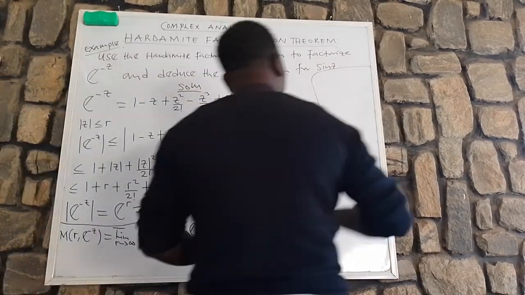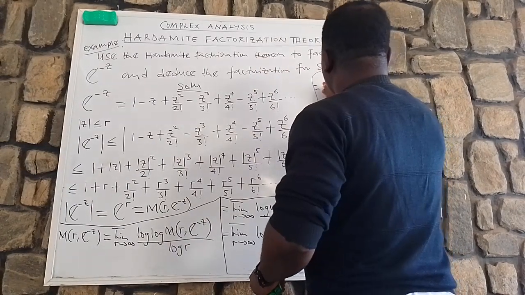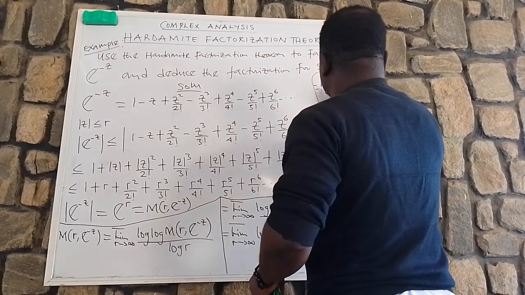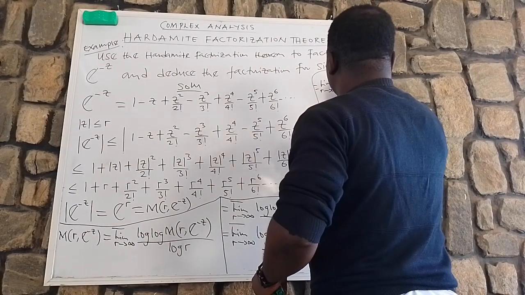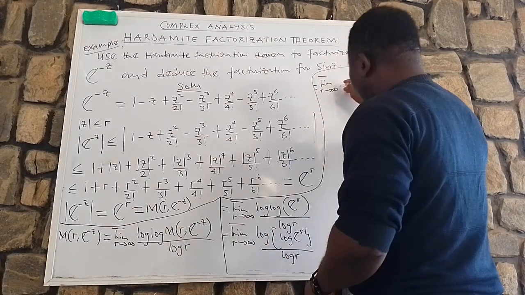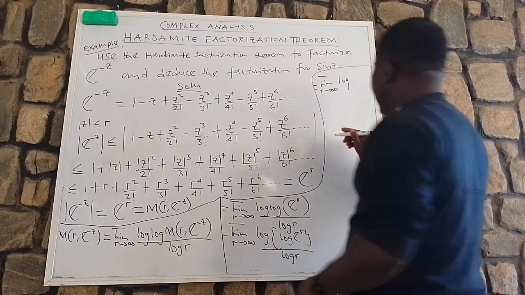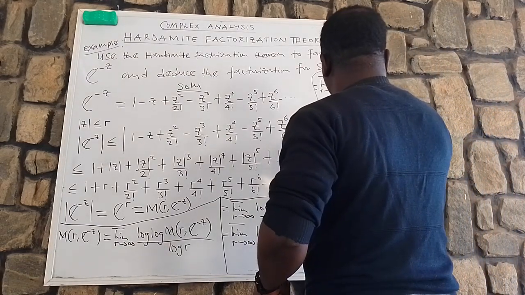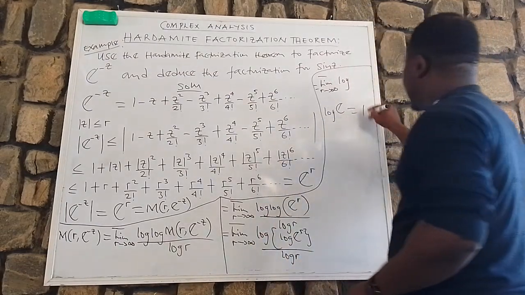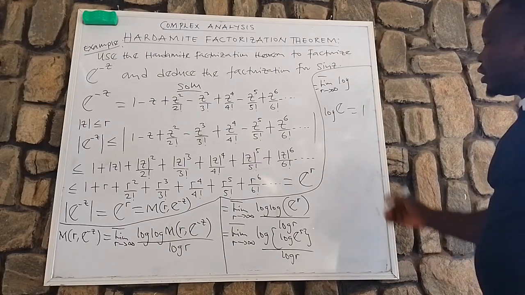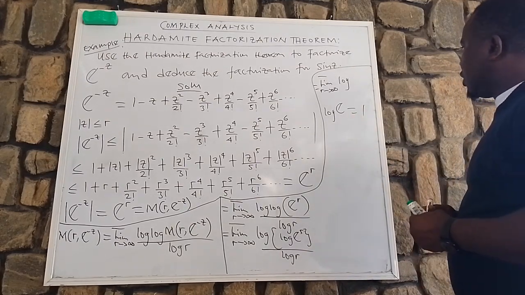So here will now be equal to the upper limit r tends to infinity, then log exponential, this is equal to 1. Two of us. So please take note. That is what we are using.